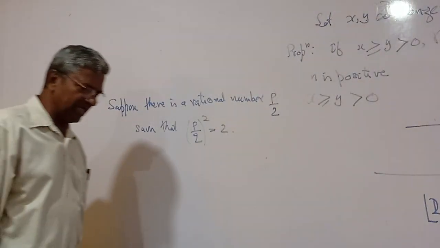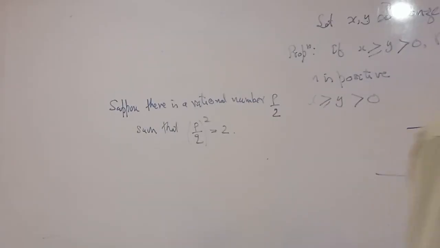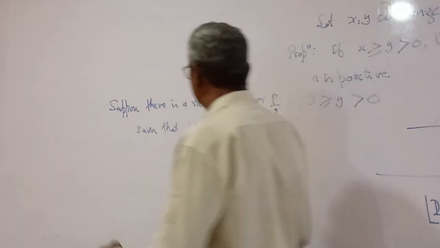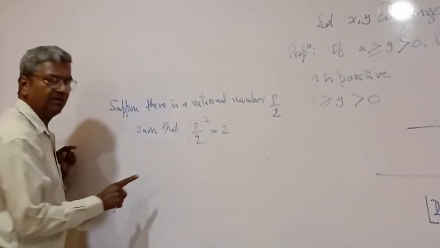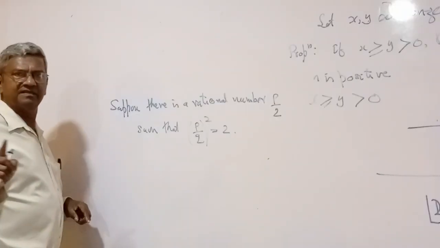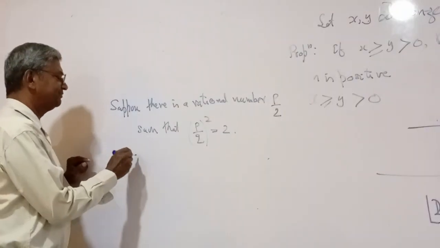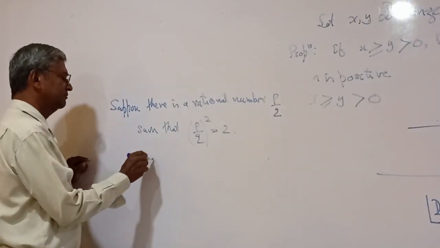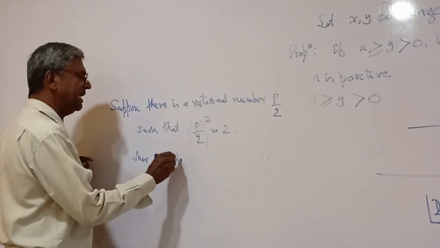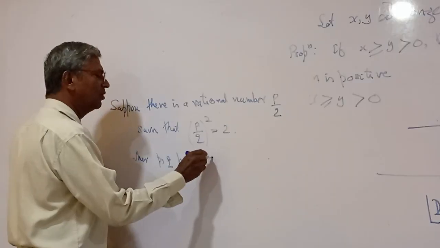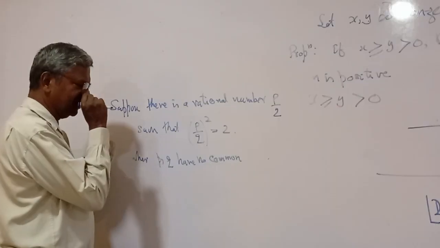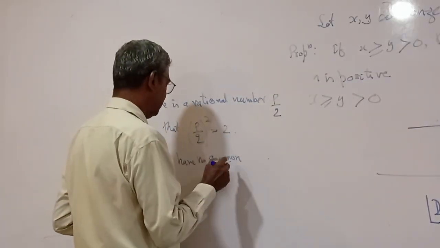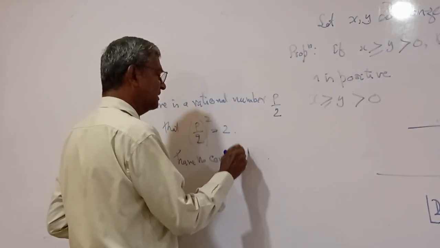I am on the way to prove that. I am taking P and Q to have no common factors; in that sense it is called reduced.